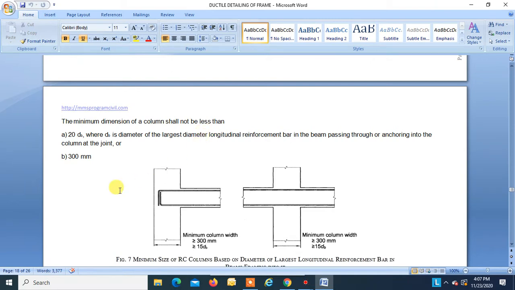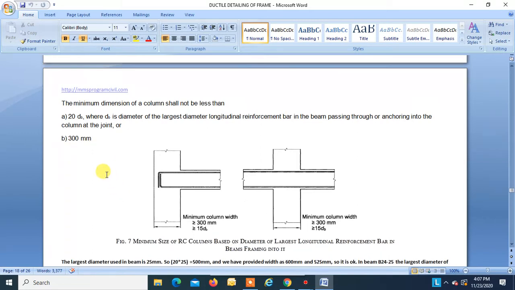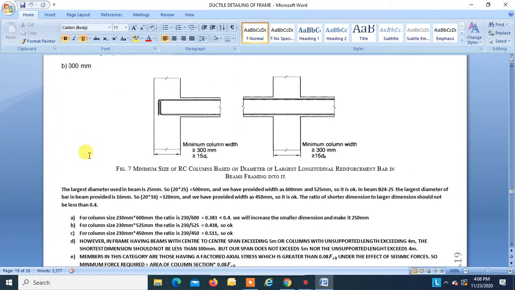Now coming to the shear section, means how to provide ties in the case of columns, right? The minimum dimension of the column shall not be less than 20 times dB, where dB is the diameter of the largest longitudinal reinforcement bar in a beam passing through or anchoring into the column at the joint, or 300 mm, whichever is greater.